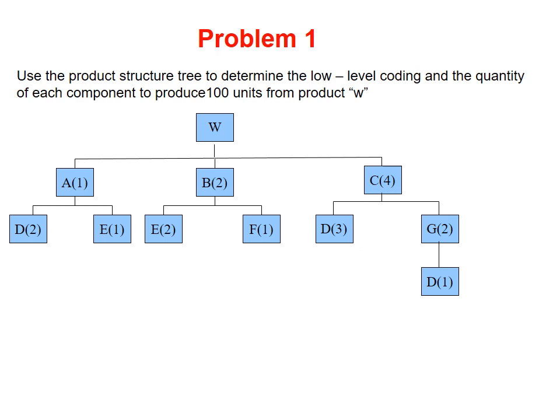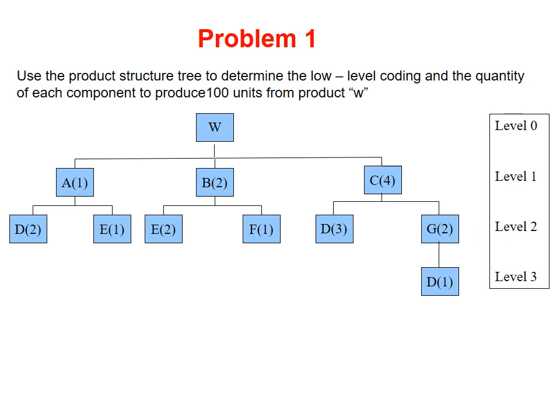Product W, to produce 1 unit of it, we need 4 parts of C, 2 parts of B, and 1 part of A. This represents level 1. Level 0 is the main product.